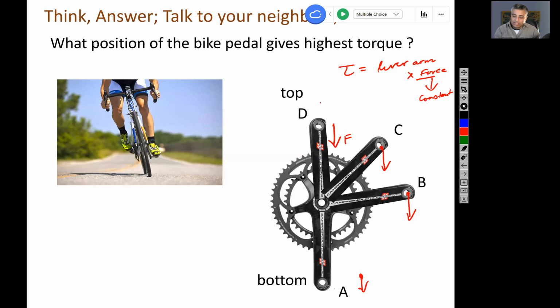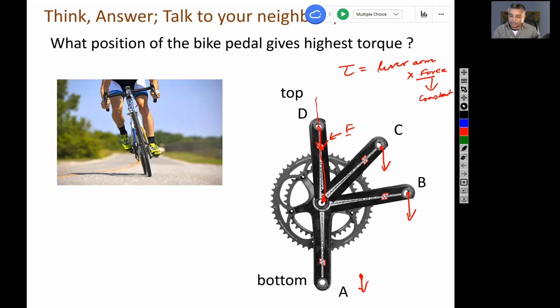Now, if I were to draw a line of action of force for this force, I think more accurate would be there, right? So the line of action of force passes through the axis of rotation. It's like pushing a door directly towards the hinge. The door won't rotate that way, okay?